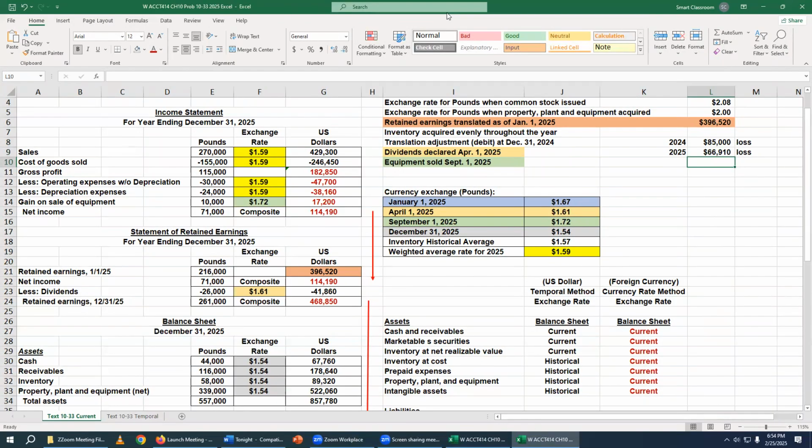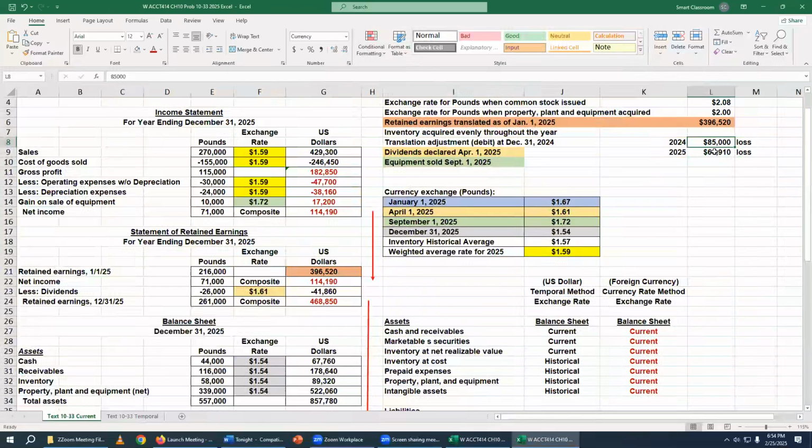So if the cumulative loss goes down, what does that tell you? If you were in the hole, let's say 85,000, and now you're in the hole 66,000. Well, let's see what the difference is here. What would that tell you?